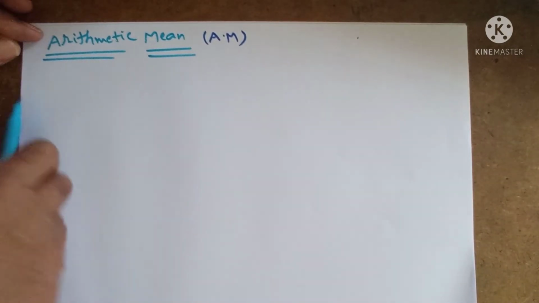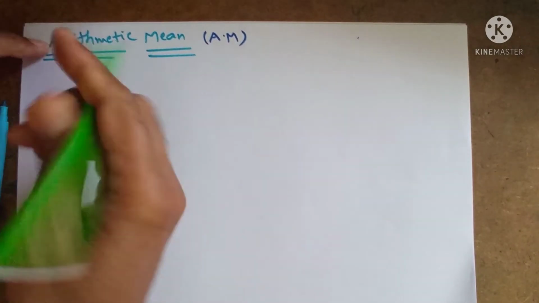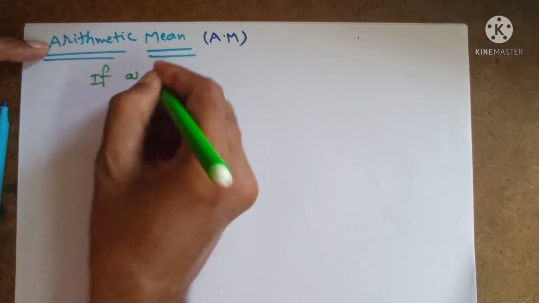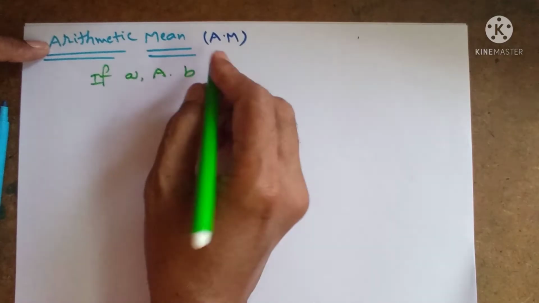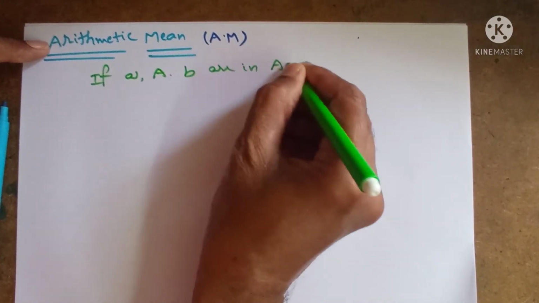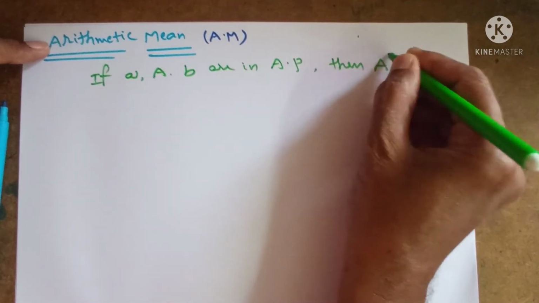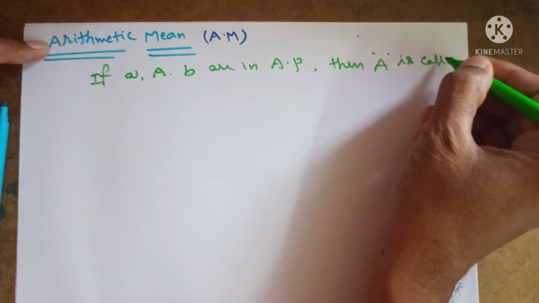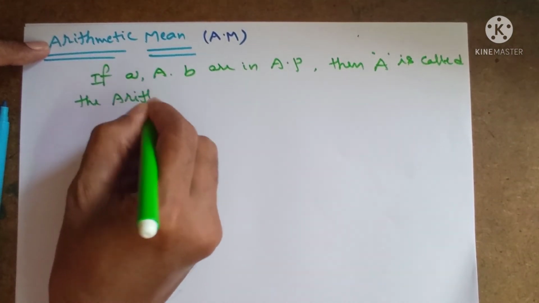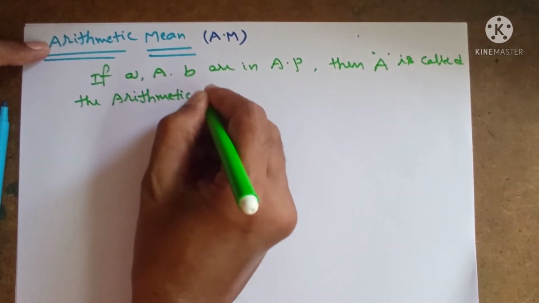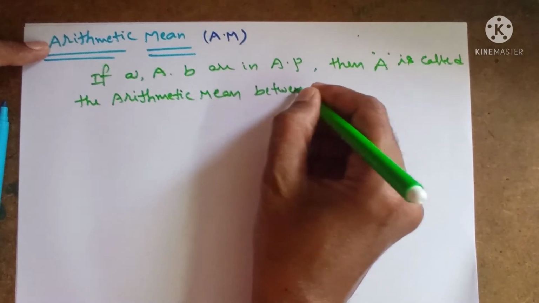This definition: if small a, capital A, small b are in AP, then capital A is called the arithmetic mean between a and b.